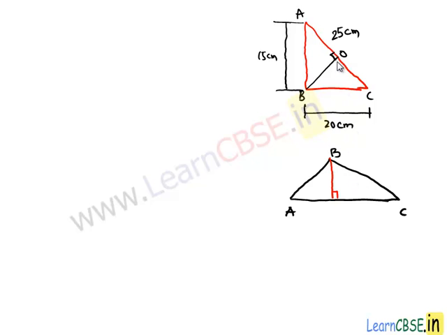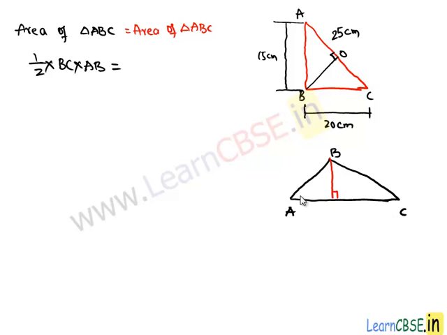In both these triangles, the area of triangle ABC is equal to the area of triangle ABC. We know that the area of a triangle is half base into height. Here base is BC and height is AB. Similarly, in the second triangle, base is AC and height is the perpendicular BO. So by using this we find out the value of BO.